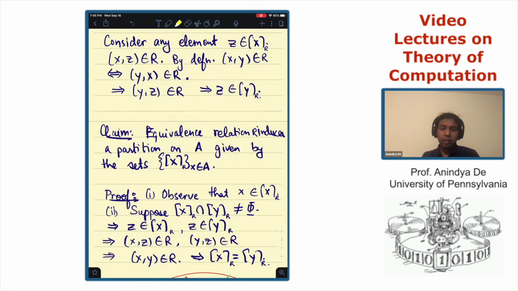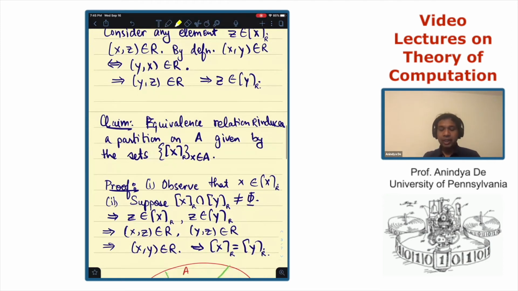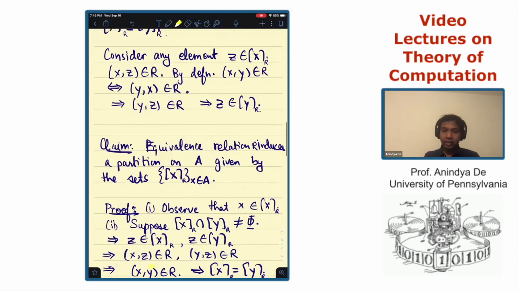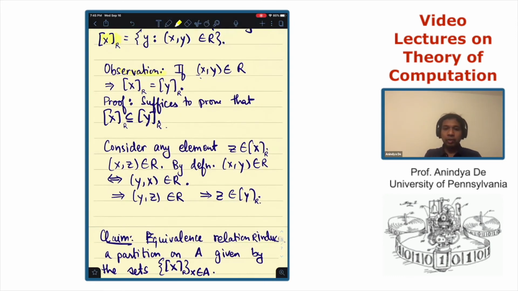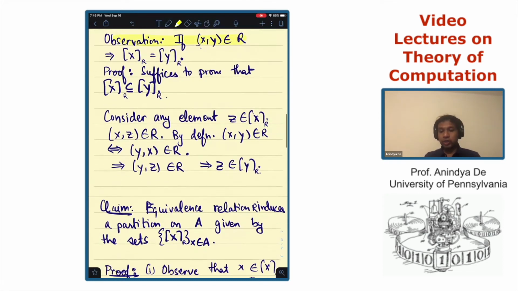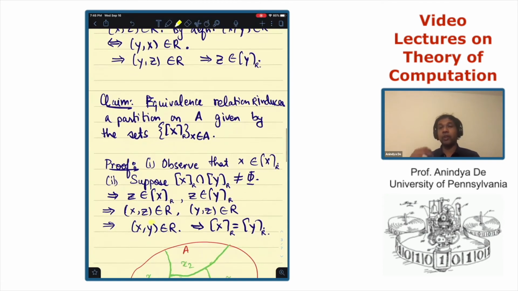So let Z be an element which is in the equivalence class of X and the equivalence class of Y. That implies that X comma Z is in R and Y comma Z is also in R. But then by applying symmetry and transitivity, you can easily derive that X comma Y is in R, which by our earlier observation, the one I'm highlighting in yellow, shows that the equivalence class of X and the equivalence class of Y are identical.